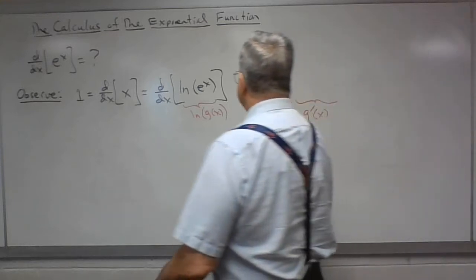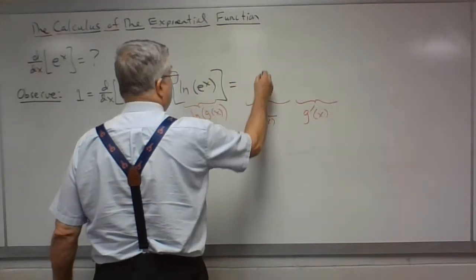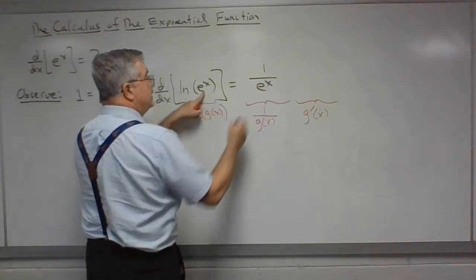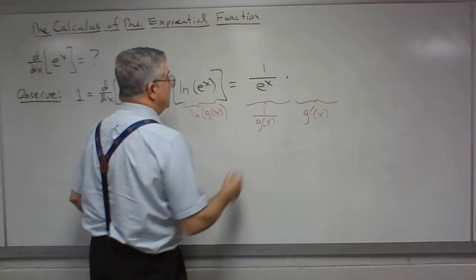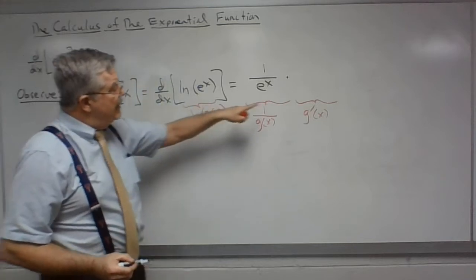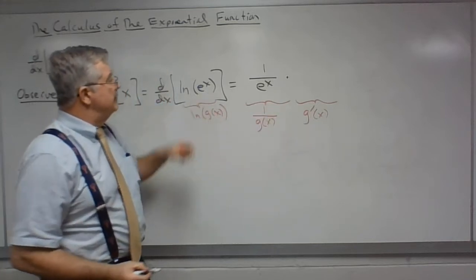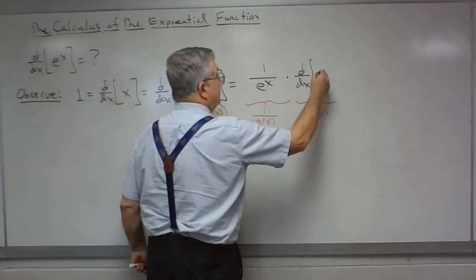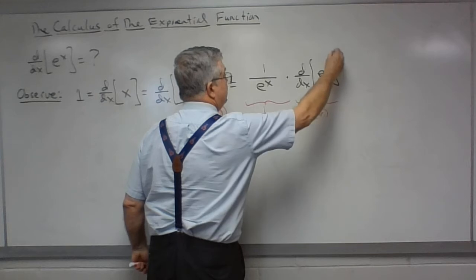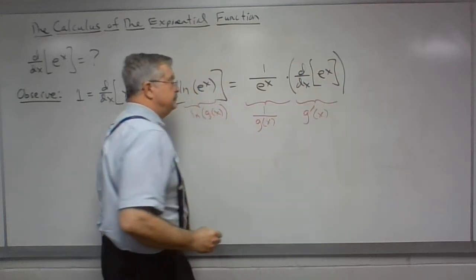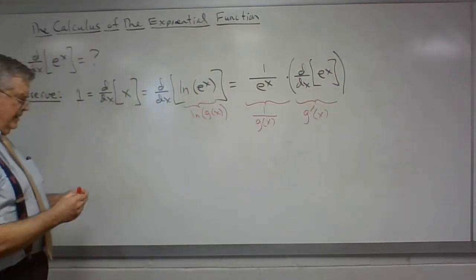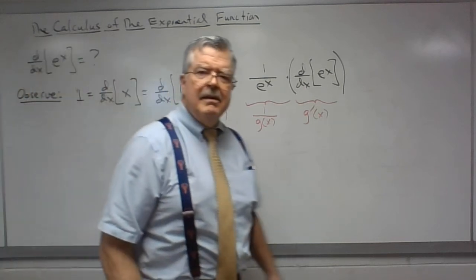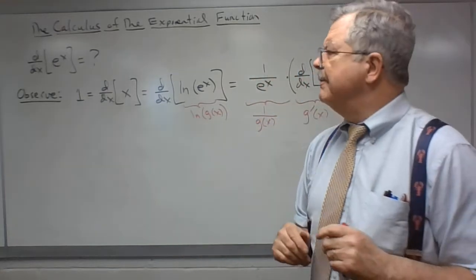So that means we get 1 over the inner function, 1 over e to the x, times the derivative of the inner function, which I don't know. Well, why is this helpful?